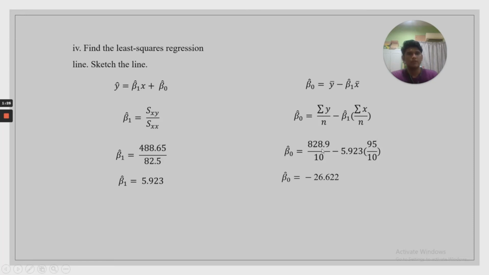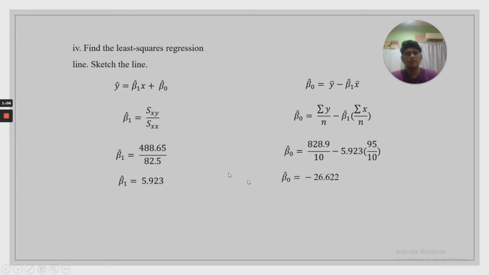So 828.9 divided by 10 minus 5.923 multiplied by 95 divided by 10. So the beta hat 0 answer is negative 26.622.